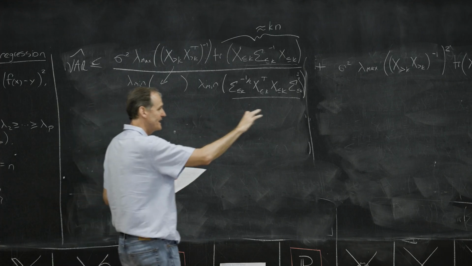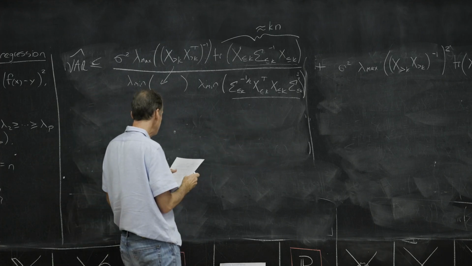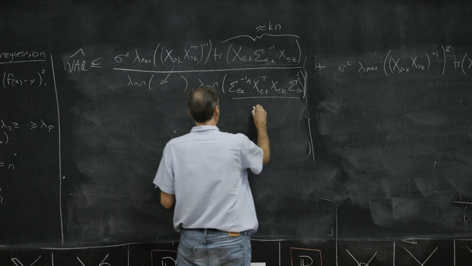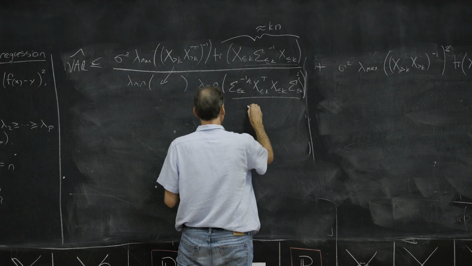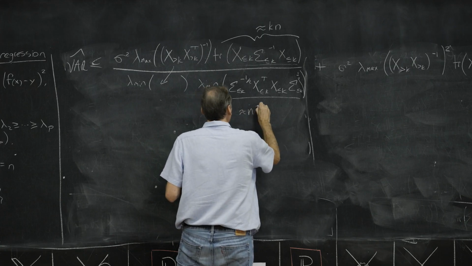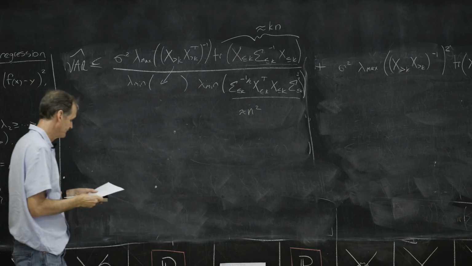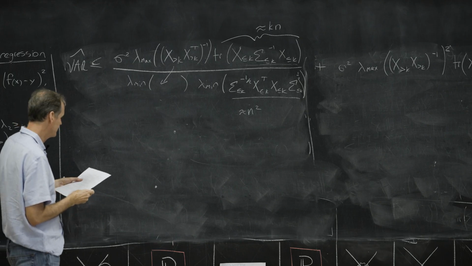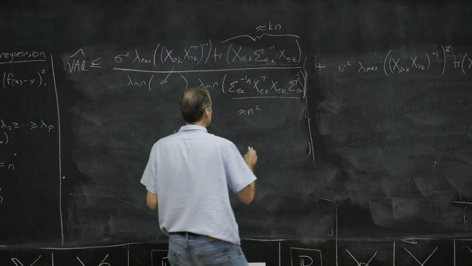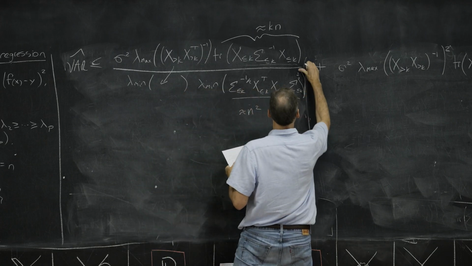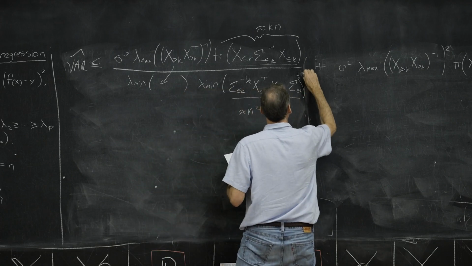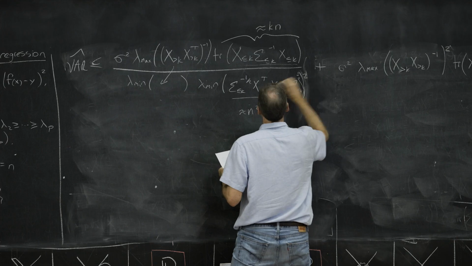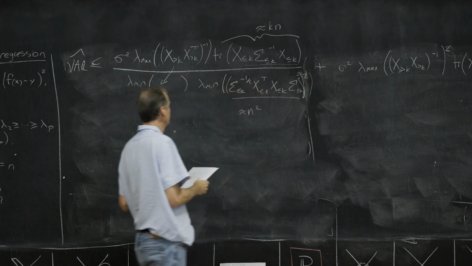So provided that k is much smaller than n, that thing is going to look like n squared. I guess I missed a square somewhere. This should look like n, and this is lambda min of that thing squared, to give us an n squared.